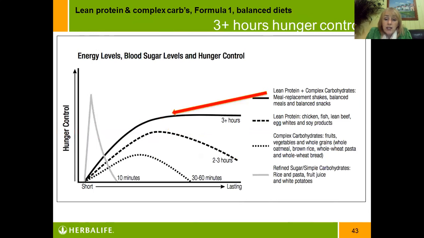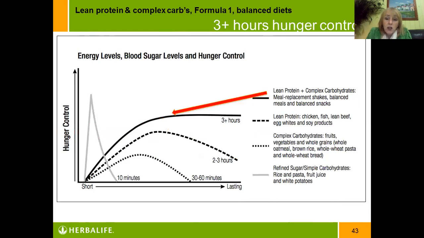Not only that, it actually keeps you going for longer. You can see by the chart the energy boost and the hunger control doesn't start to drop off, it keeps you going. Combining the protein with the complex carbohydrate helps to keep those energy and hunger levels at bay.